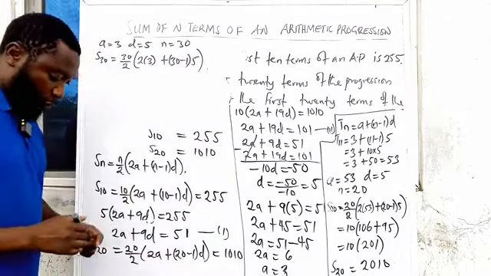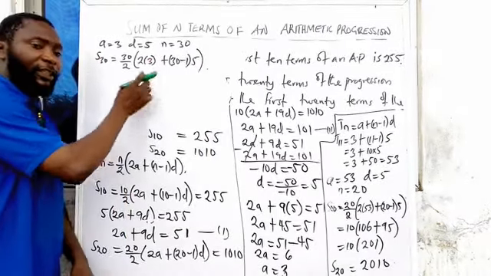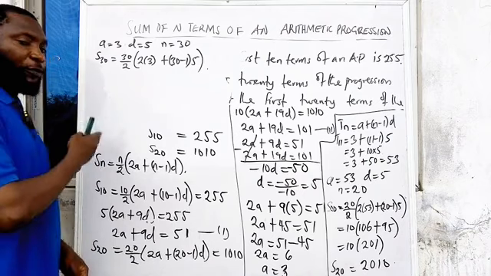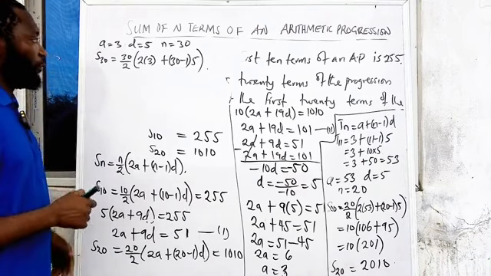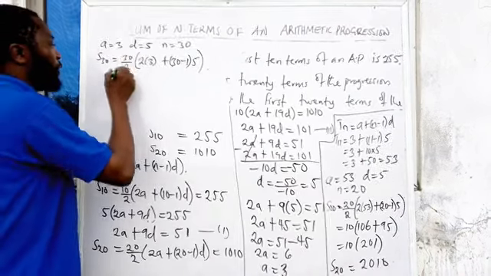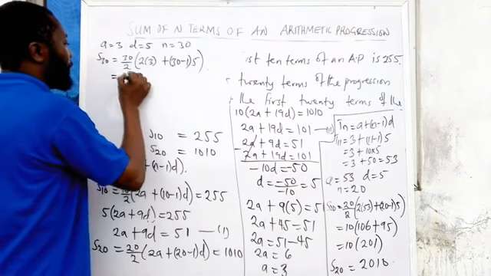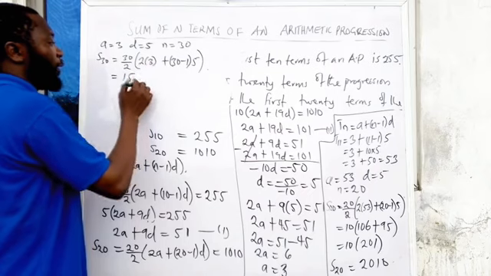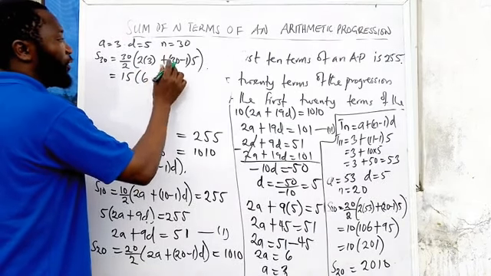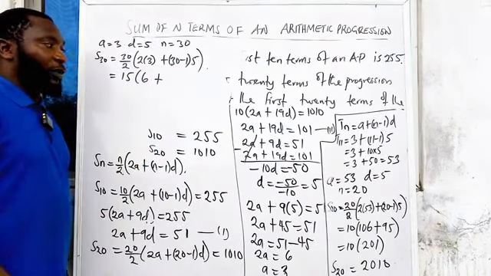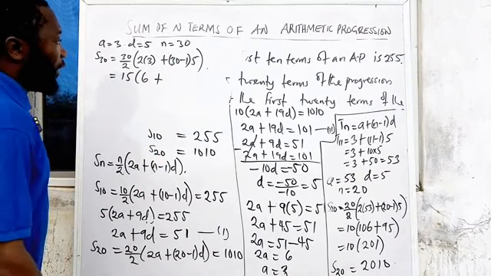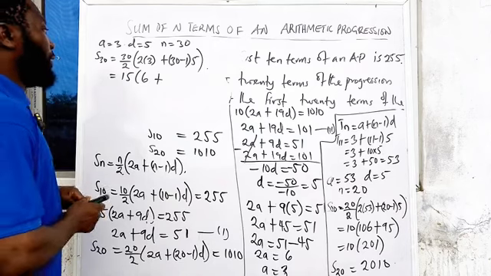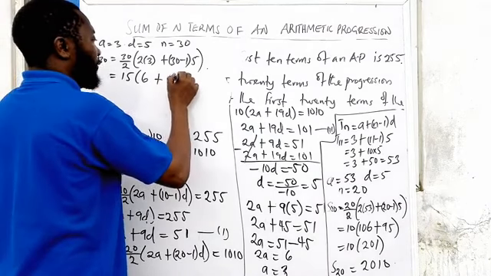So now this is the sum of the first terms of the series, if we start from the given first term. Now we have 2 multiplied by 3, that is 6, plus 30 minus 1, that is 29. 29 multiplied by 5, that is 145.